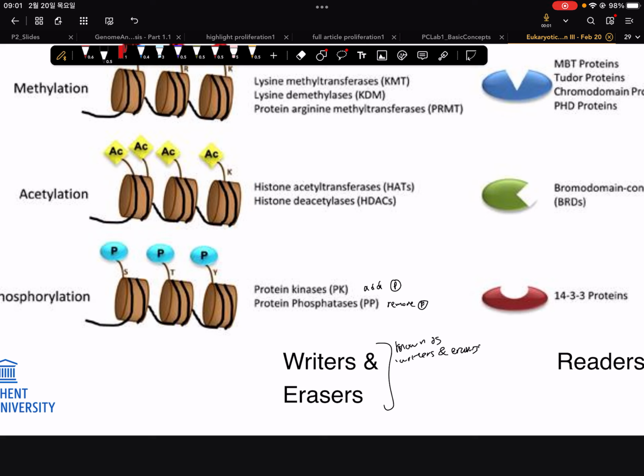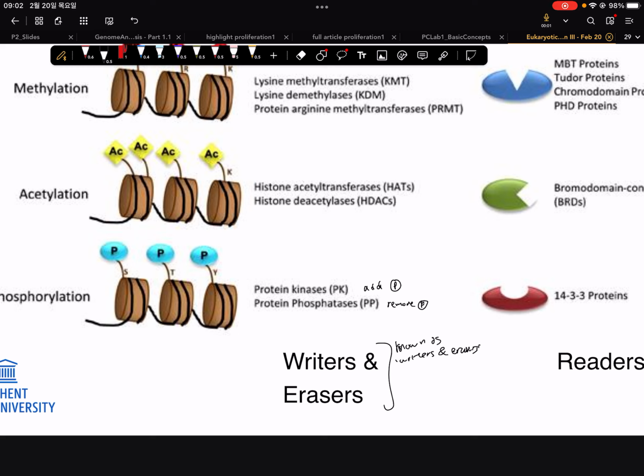And then you have proteins that recognize these marks, of course. You have proteins that are going to bind to chromatin and only do that when that mark is present, or when they are attracted, let's say, to regions with lots of methylation. These are histone modification binding proteins, the readers. They read the histone code.